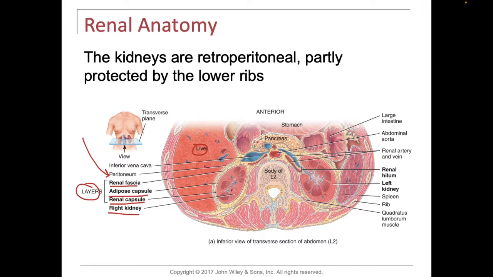They are both retroperitoneal. Here's a great term, the renal hilum. I know I mentioned it in my previous video. The renal hilum is that hiatus or that opened region in which the blood vessels can enter and exit through the kidneys.